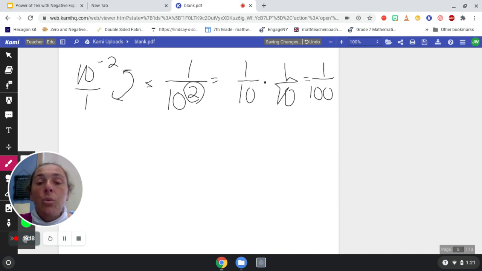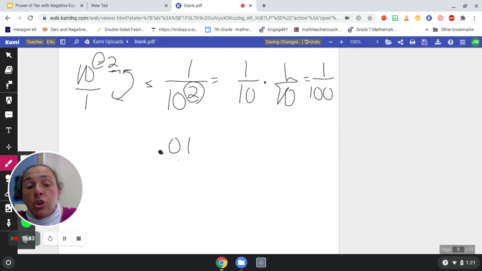Now, what if I wanted to make that a decimal? Well, remember, the negative says decimal, and I'm going to fill 2 spots, and my zeros is 1 less than that. So if my number was 2, I'm going to have 1 less 0, so I'm only going to have 1 zero, and the second number is 1.